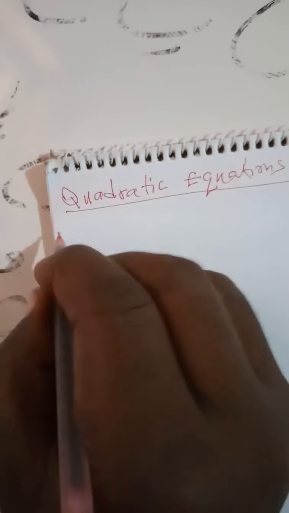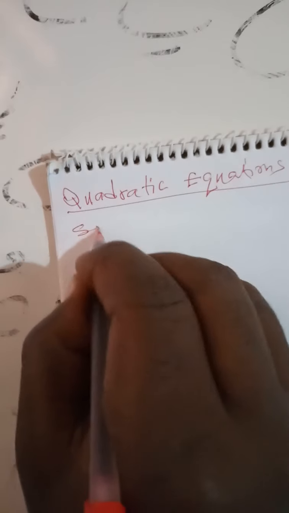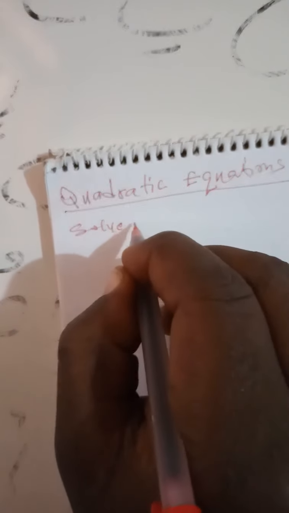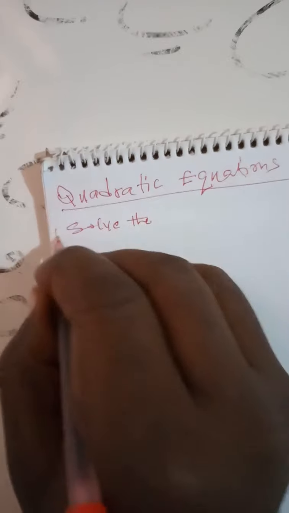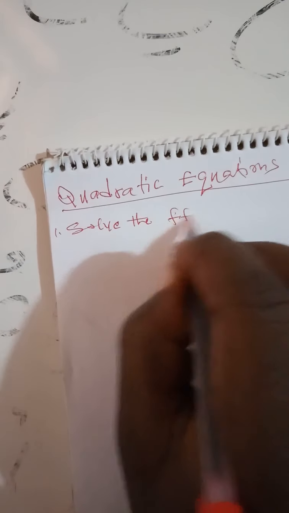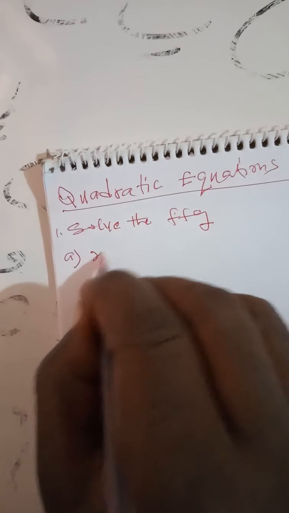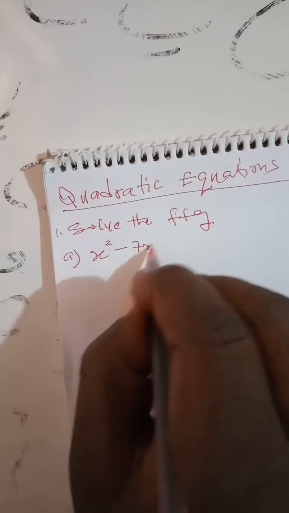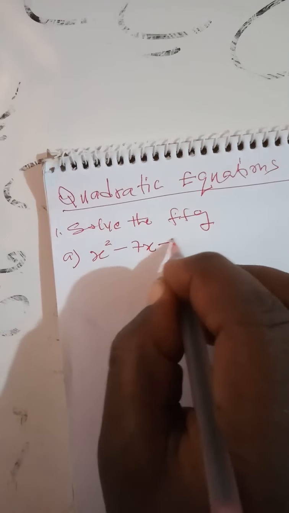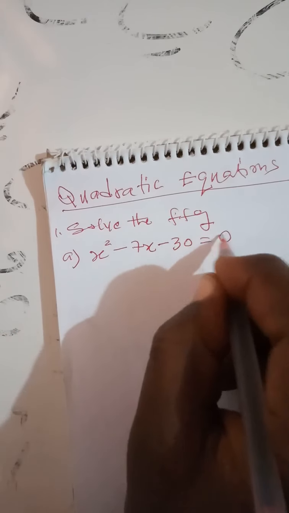Let's say, solve the following. A, we have x squared minus 7x minus 30 is equal to 0.